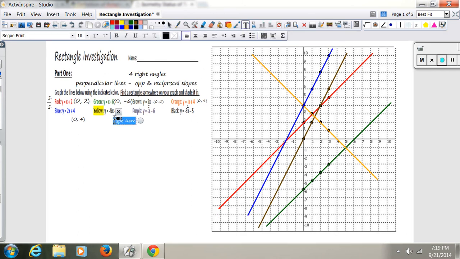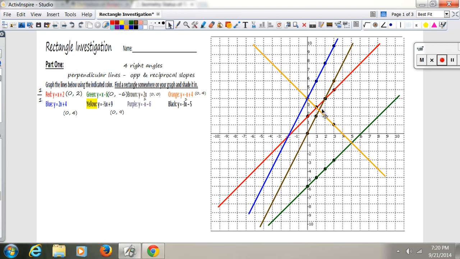Yellow, 0,9. All right, that's going to start way near the top at 0,9 because it ends in a +9. That's our y-intercept. And it's a -1/2, so I'm going to go down 1 and over 2. -1/2 slope. So let me grab a dot here. I got to start at 0,9.